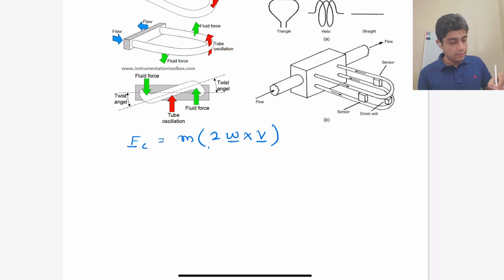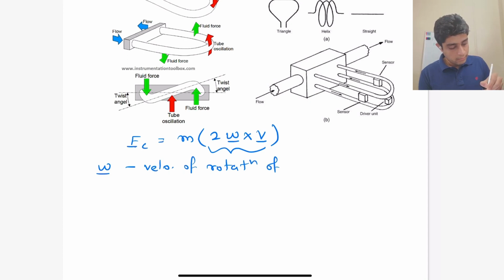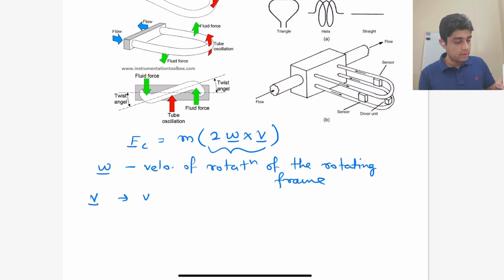So the Coriolis term is basically 2 times the cross product of the velocity of rotation of the rotating frame, and v is the velocity of the object, which is moving in that rotating frame of reference.